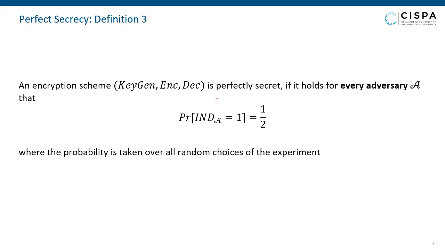Stated differently, no adversarial strategy to guess the bit b is better than random guessing. So this is a truly modern security definition, as it defines security by means of defining a successful attack. Or, stated differently, it defines security by what it means for a scheme to be insecure.